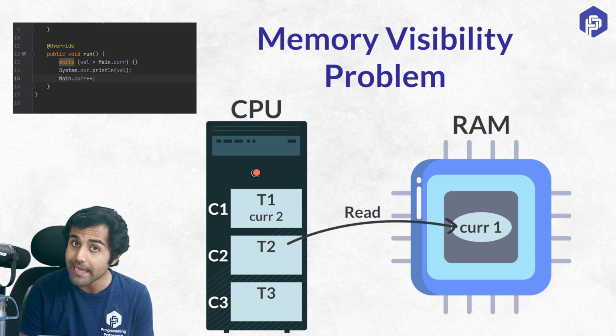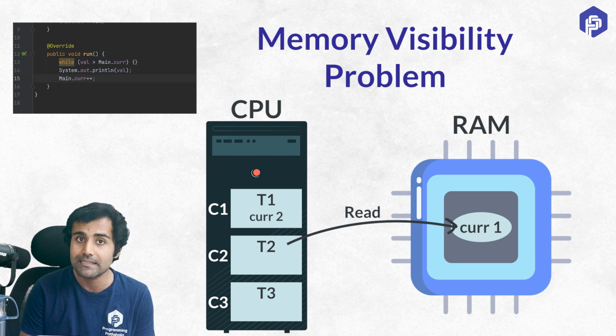There are no guarantees that if a thread has changed a certain variable, that change will be reflected to the other thread also. There is no guarantee to it, basically. Here also exactly the same thing would have happened.